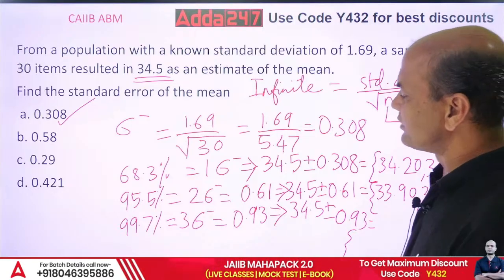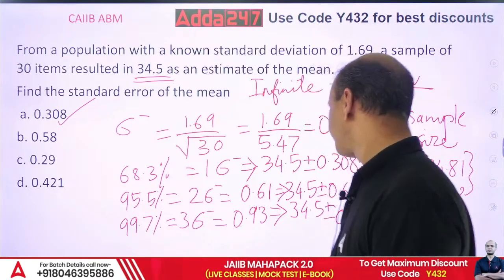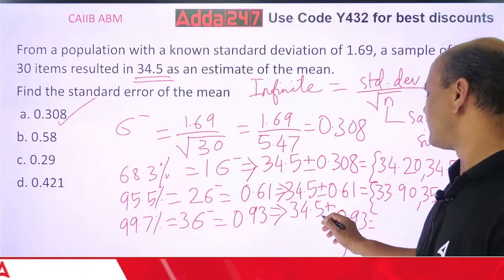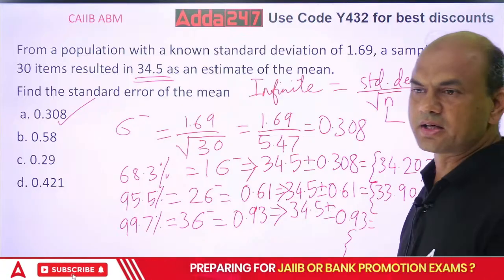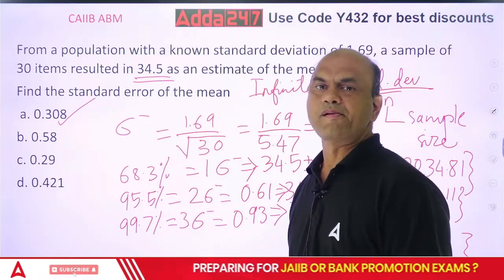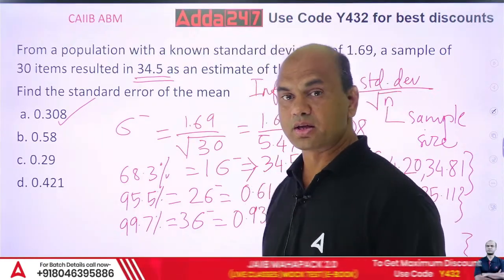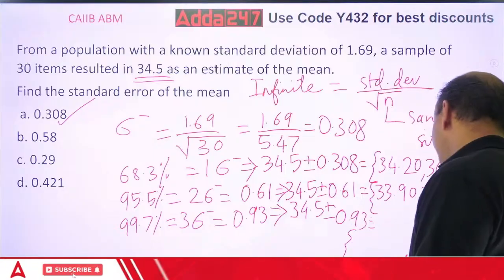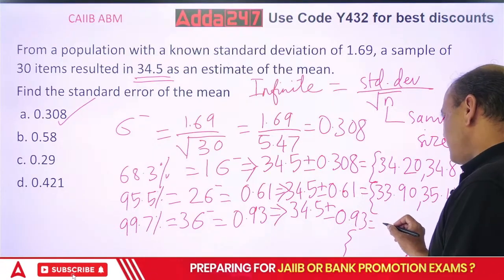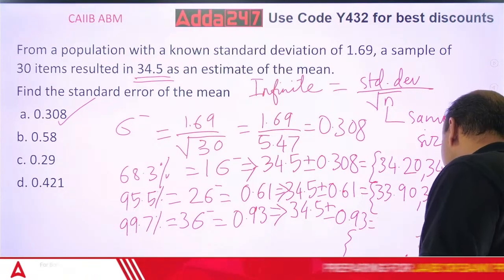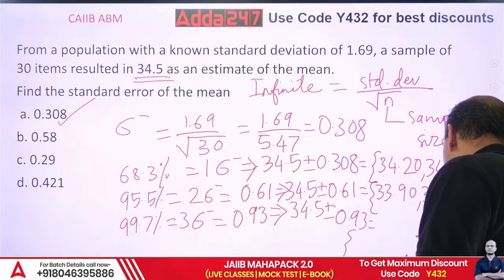You try it yourself. What is the answer you are getting? 34.5 plus 0.93. Give me the answer now. It is 35.43. Is it so? Yeah. 35.43.